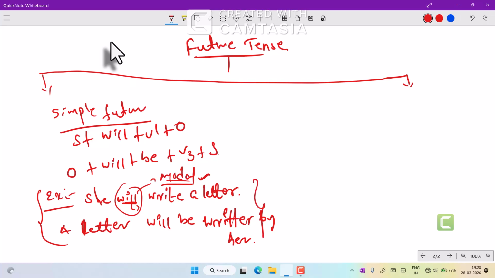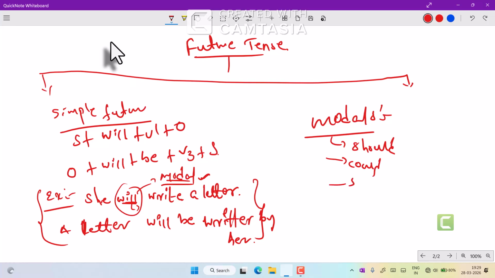Now you see here modals. Modals are nothing but words like should, could, would, can, might, may.